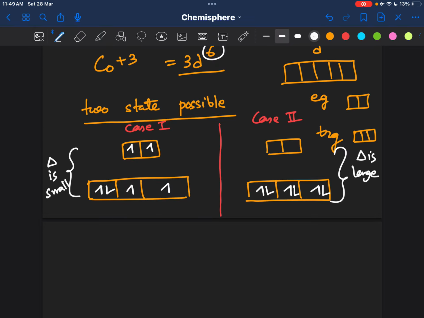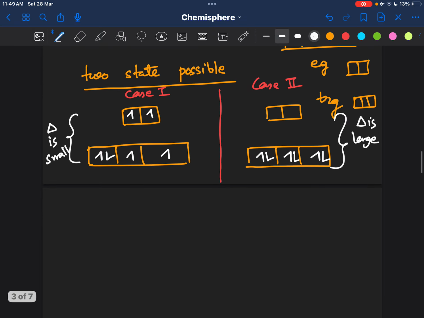So these are the two states possible. If we have state 1, it will result in high spin, because this contributes +1/2 +1/2 +1/2 +1/2 to the total spin, and this contributes 0. So the spin here will be high, therefore this is known as high spin.